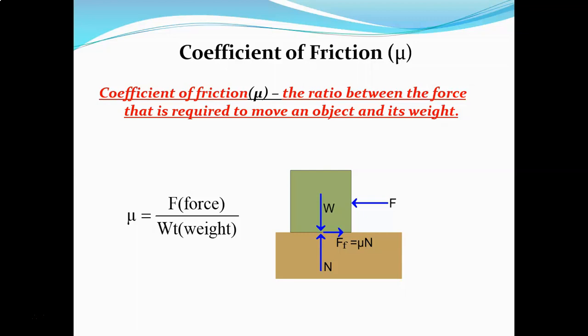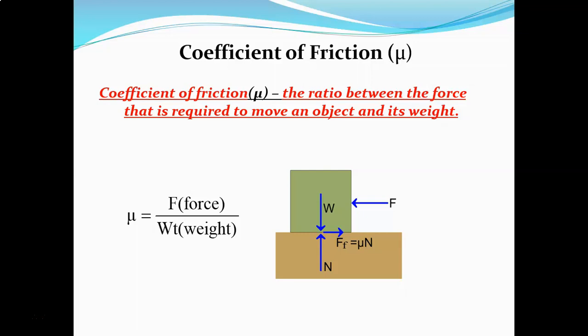So we need to know the coefficient of friction, which is the force applied, in this example from the left to the right, and then your weight pushing down. Coefficient of friction.